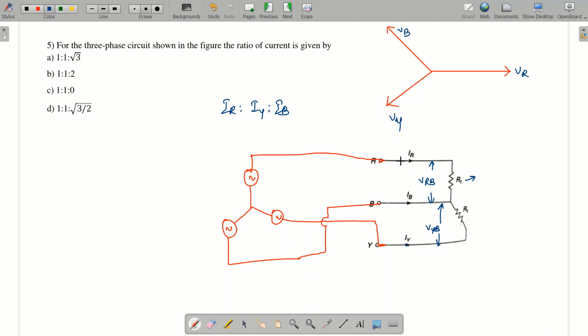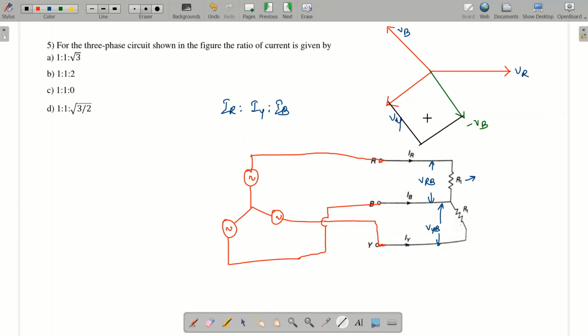So to find out the VRY, this will be my minus VB. The summation of these two vectors will be my VYB, and the summation of these two vectors will be my VRB.